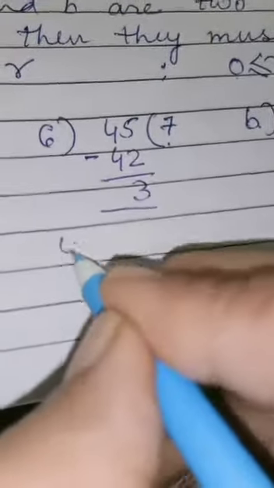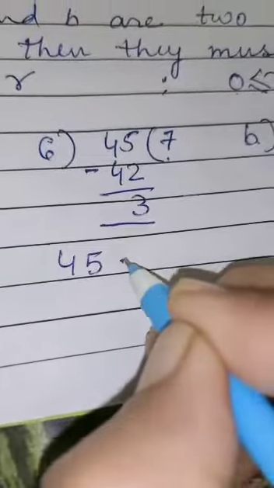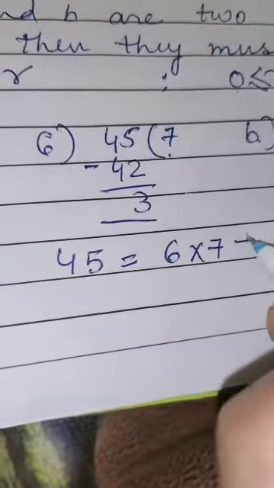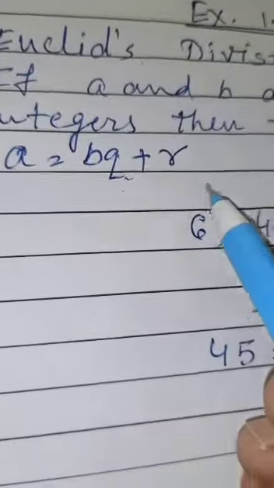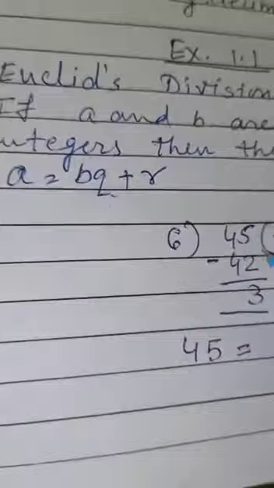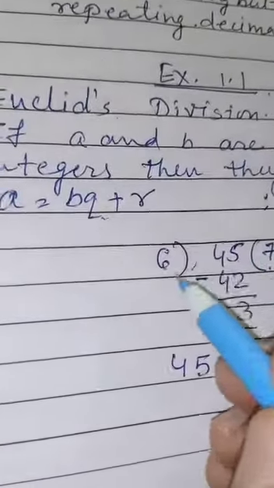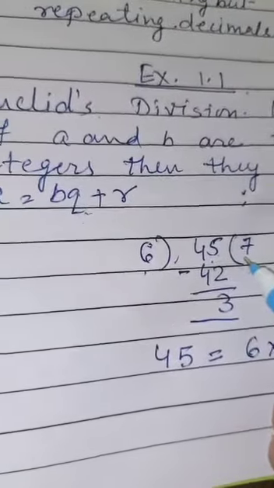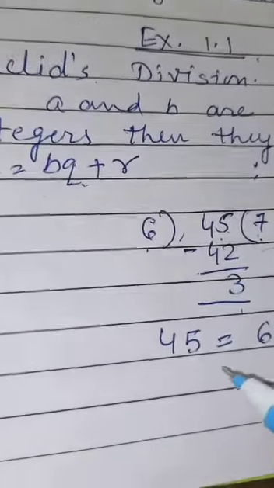So we will write it like this: 45 is equal to 6 into 7 plus 3, means a is equal to bq plus r. Our a is 45 here, b is 6, quotient is 7 and remainder is 3.